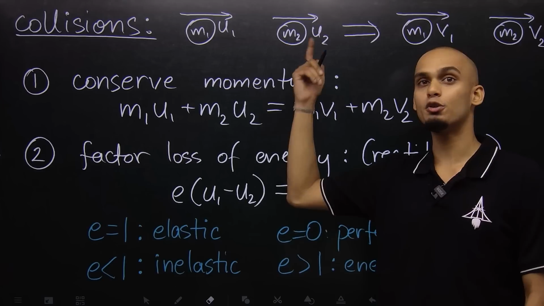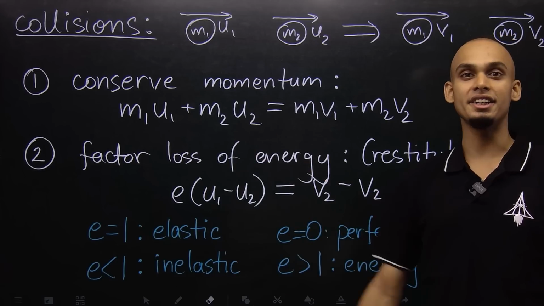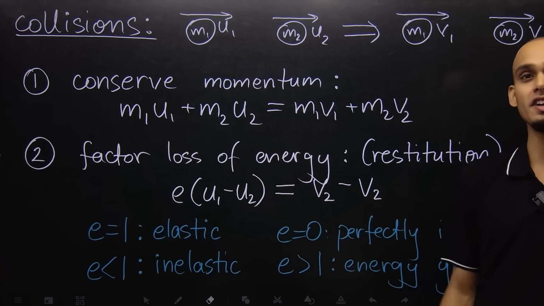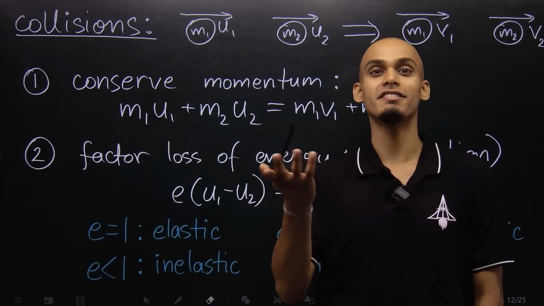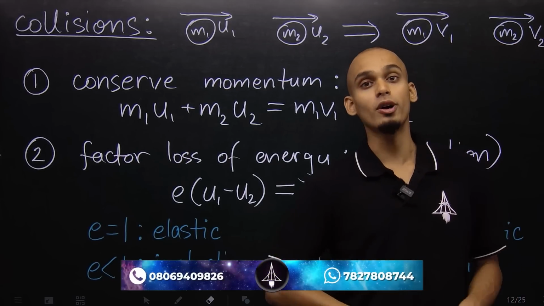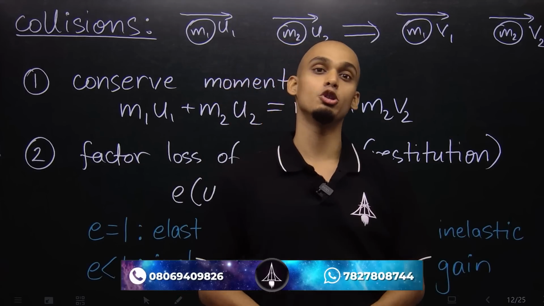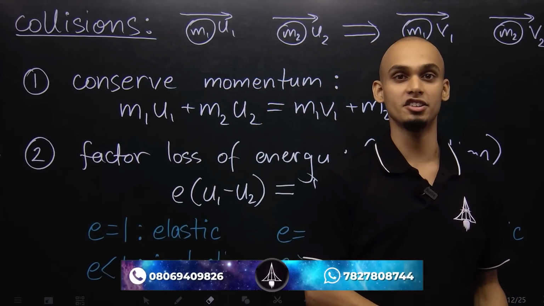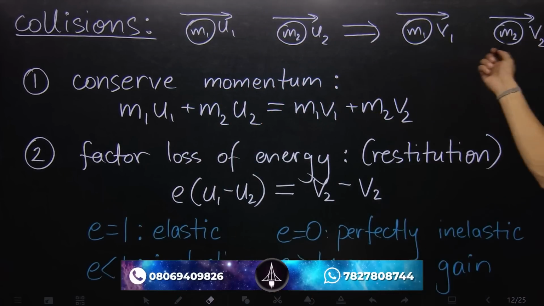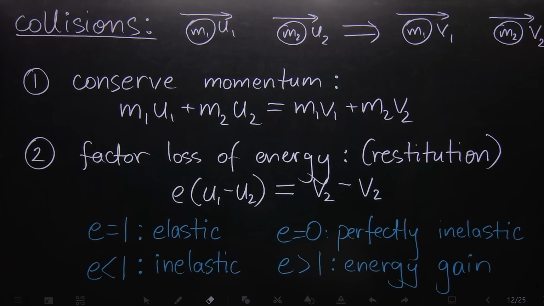If you've been given 10 meters per second, then you will substitute minus 10 for u2 and minus 10 over here as well. And depending on the values of v1 and v2 you get, if you get something positive, then you can be sure it's in the right direction. If you get something negative, it will be in the left direction. Very, very easy. So just keep in mind this one result and you will not have to remember anything else.